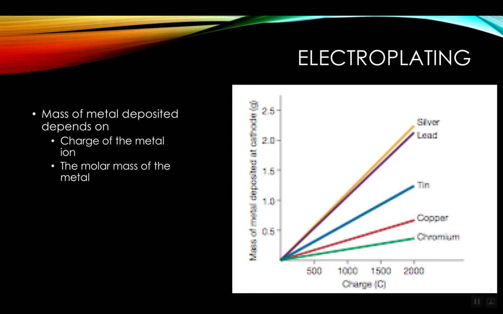But half a mole of lead has almost exactly the same mass. It's got 207.2 divided by 2, so it's going to give you 103.6. Yeah? So if you are thinking about that relationship, you have to look at both. You have to look at the charge on the ion and the molar mass of that metal.